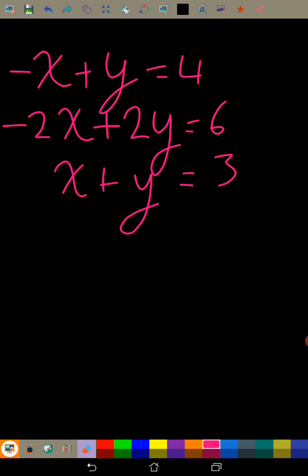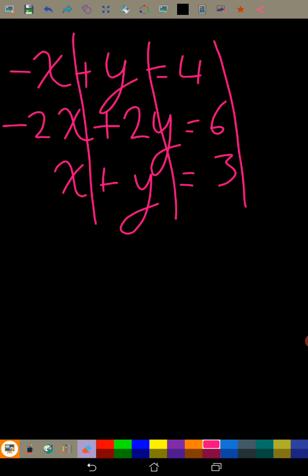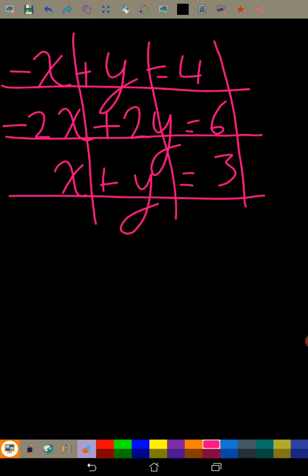So I'm trying to put all the x's under the x's, so I didn't succeed. But here, for example, I can try to do like this, but this has no solution.